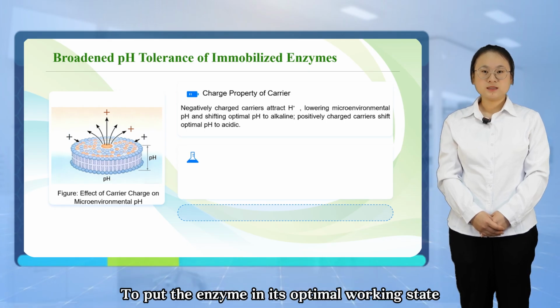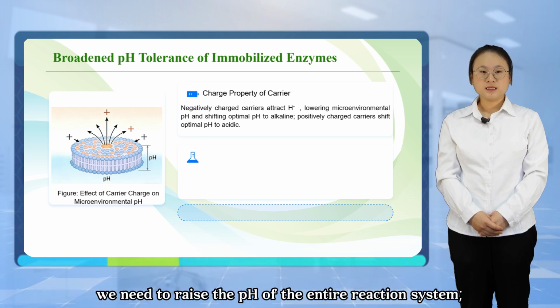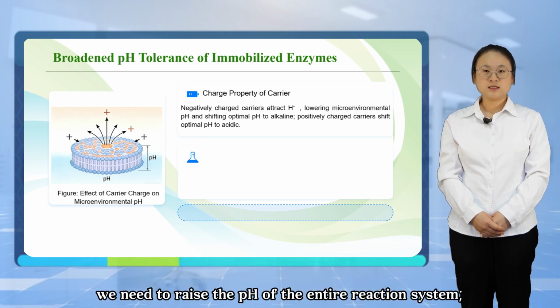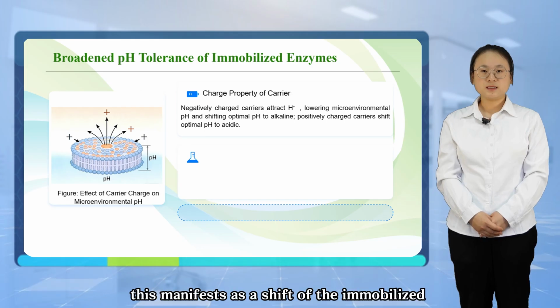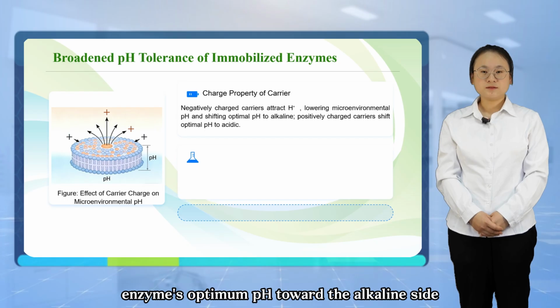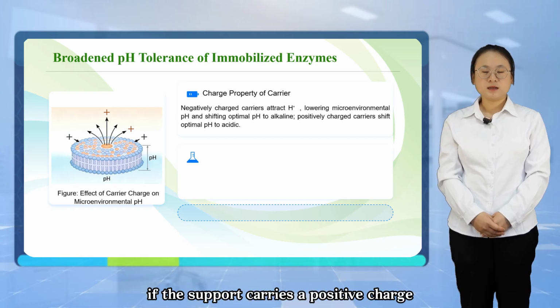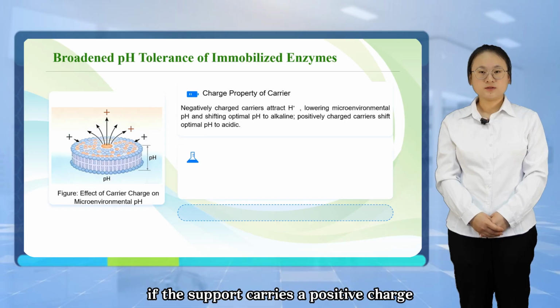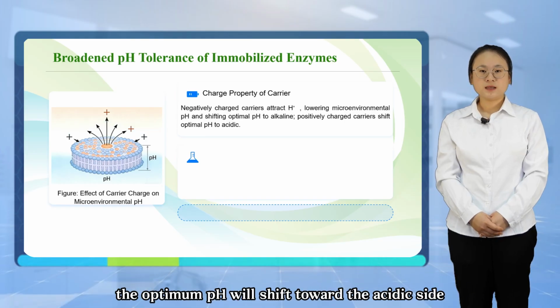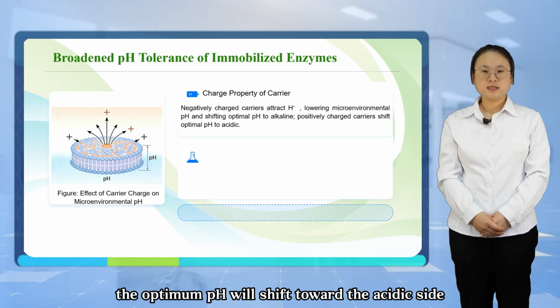To put the enzyme in its optimal working state, we need to raise the pH of the entire reaction system. This manifests as a shift of the immobilized enzyme's optimum pH toward the alkaline side. Conversely, if the support carries a positive charge, the optimum pH will shift toward the acidic side.